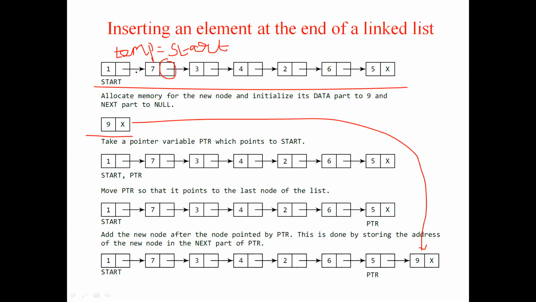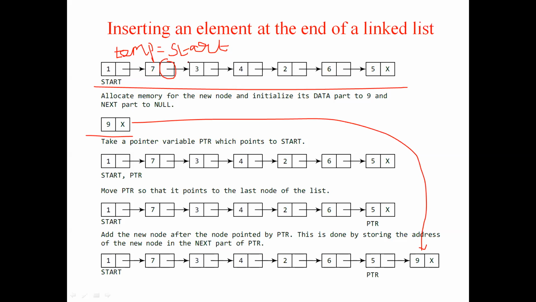I need a handler to check each and every node. So that handler name is nothing but temp. Okay. By using this temp variable, I can access all other elements.